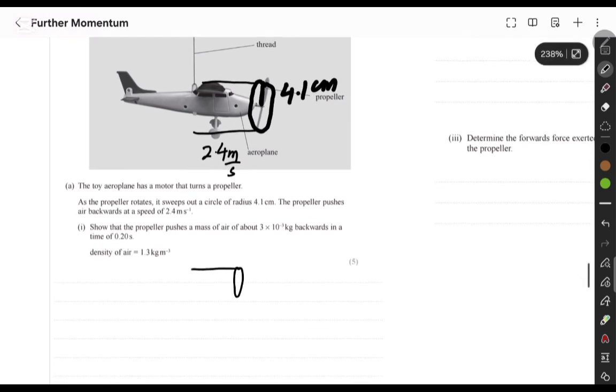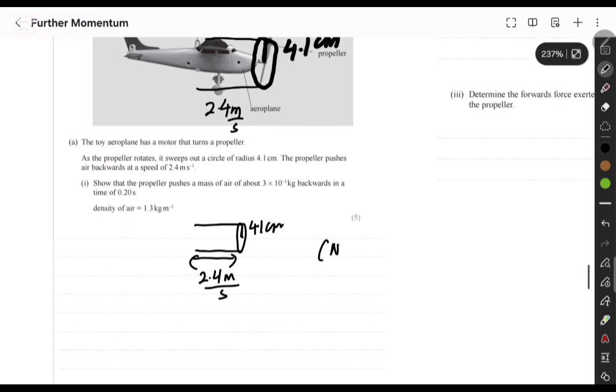We have this 4.1 centimeter radius here, and this length is going to be 2.4 meters every second. So this is happening every second. And as the propeller pushes the air backwards, the air, by Newton's third law, is going to push the aeroplane forward. That's how it's going to move. So we can connect this to Newton's third law as well.